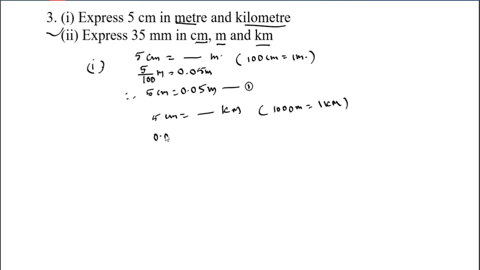So 0.05 meters is equal to dash kilometers. To convert meters into kilometers, lower to higher, you must divide by 1000. Therefore 0.05 meters becomes 0.05 by 1000 kilometers. Did you understand?